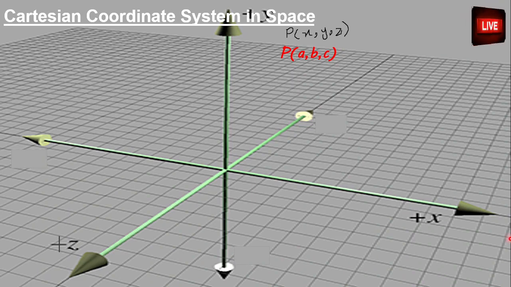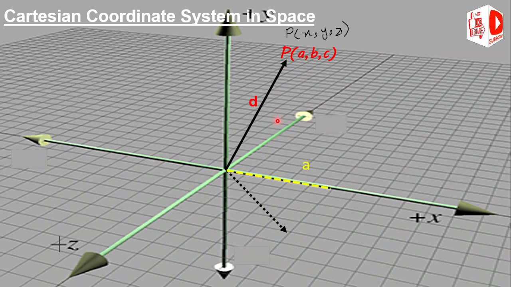Let's draw a vector for this point. Here, the vector with the dotted line is just the projection of vector D, to elaborate that this vector D is in 3D space. Point P(A, B, C) means the body has to move A units along the x-axis, C units along the z-axis, and B units along the y-axis to reach this point.